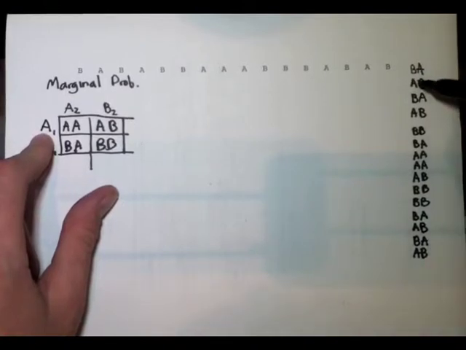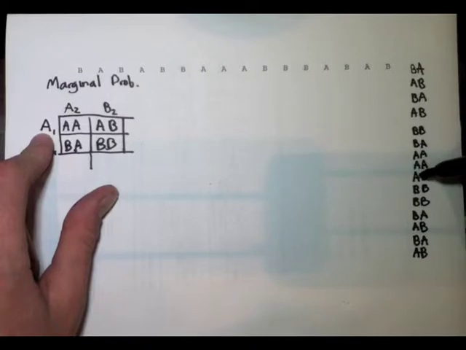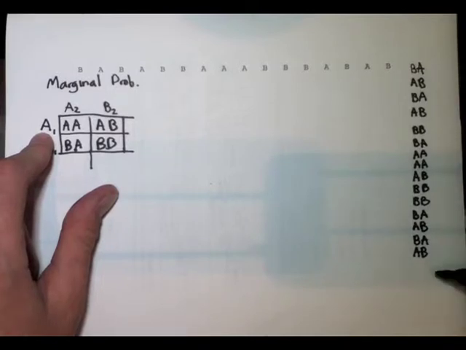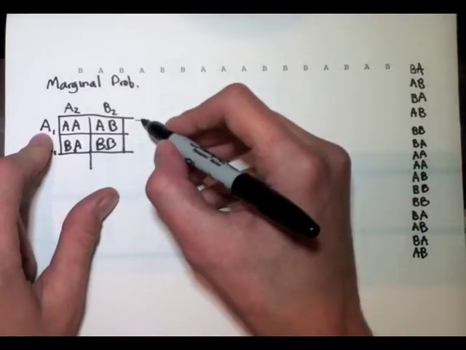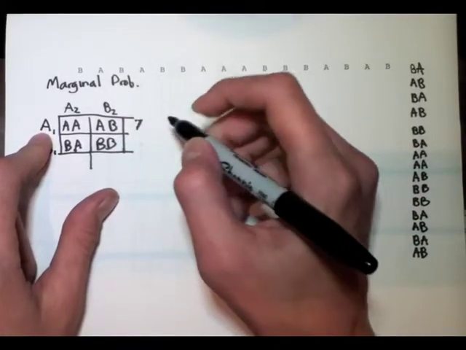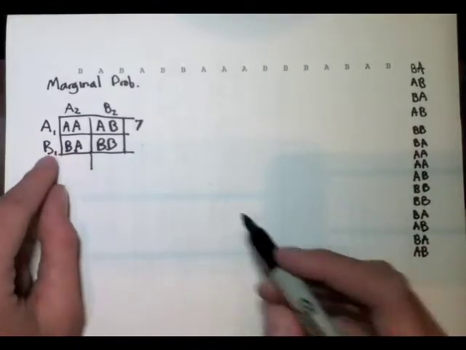So there's 1, 2, 3, 4, 5, 6, and 7. There are 7 occurrences of 2-letter sequences that begin with the letter A. So we're going to put a 7 over here. That's our marginal frequency, right?